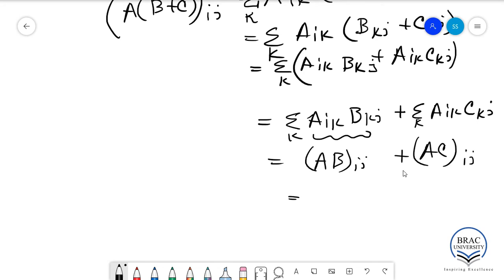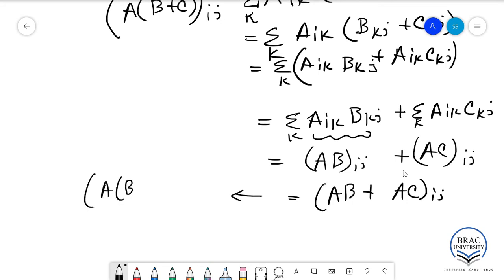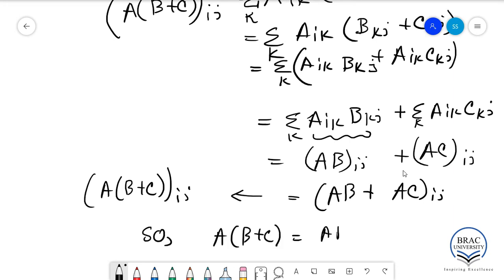And finally, again using the addition of matrices, we can write AB plus AC ij, and this is equal to A times B plus C ij. So we have A times B plus C is equal to AB plus AC. QED.